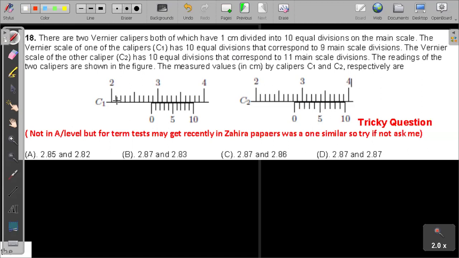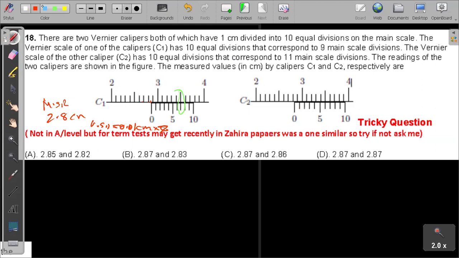Have a good look: 2.5, 2.6, 2.7, 2.8. The main scale reading is 2.8 centimeter. For the vernier scale, the seventh line matches, so the vernier scale reading is 0.01 centimeter multiplied by 7.